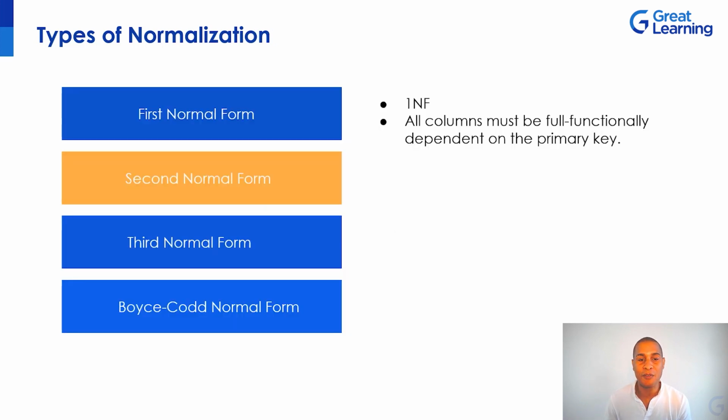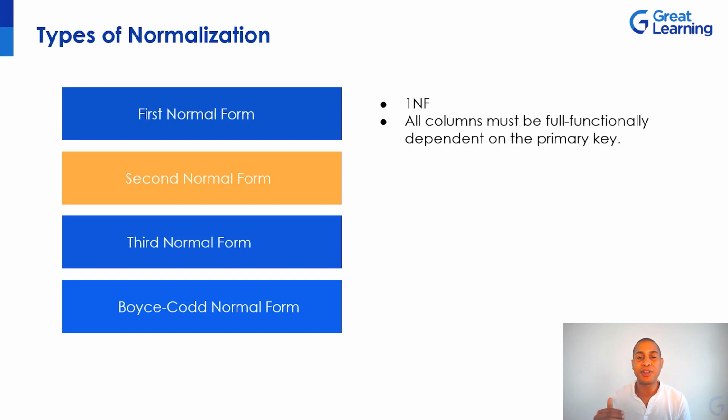So the second normal form. What we want to say is that first normal form is the fundamental structure for the second normal form. Additionally, all columns must be functional in the second normal form.